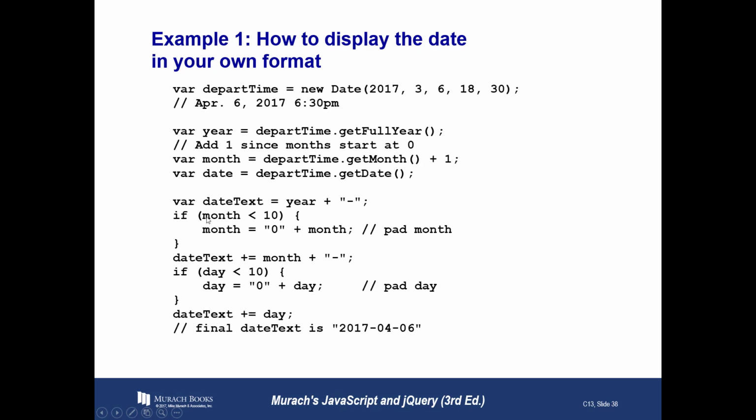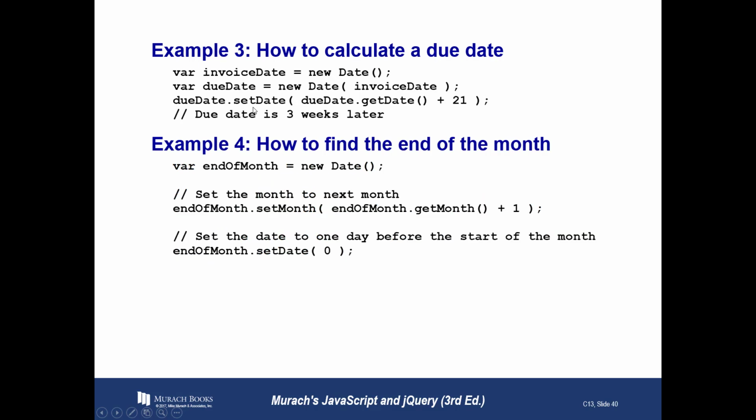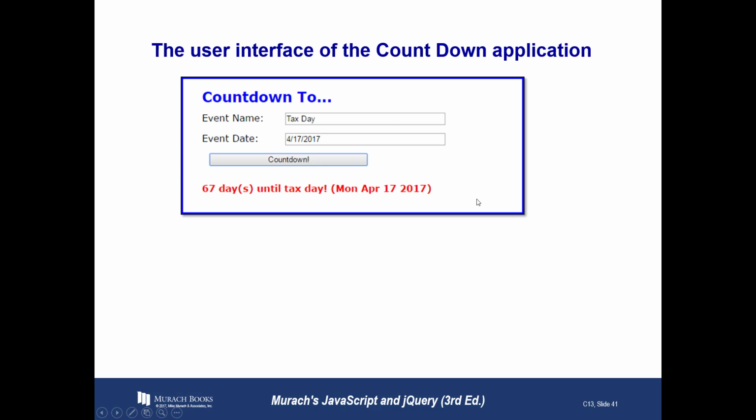Once you've gone in and set date objects, you can format them to look any way you want them to look. Kind of a neat program here. All right. As it says, it shows you how many days exist until New Year's Day. All right, how to calculate due dates, end of month dates. This is a countdown thing.